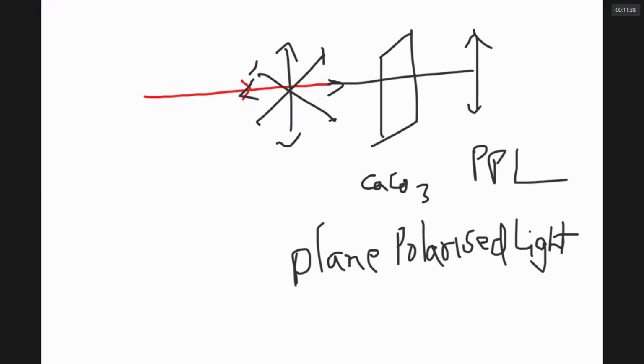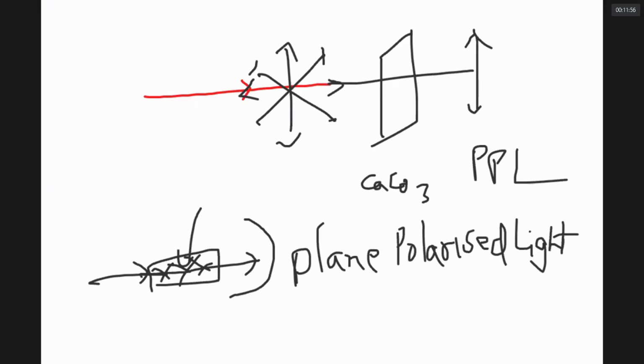This plane polarized light has a great property. You take a certain substance in a test tube and allow the plane polarized light to pass through. When it is passing through some materials, it is rotated either clockwise or anti-clockwise. Materials which can rotate the plane polarized light are called optically active compounds.